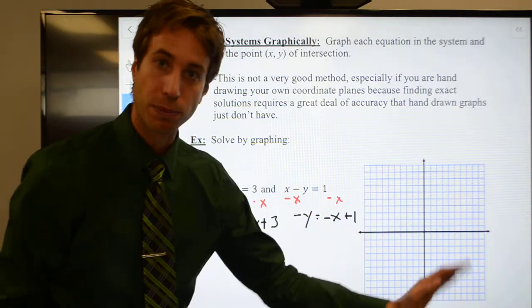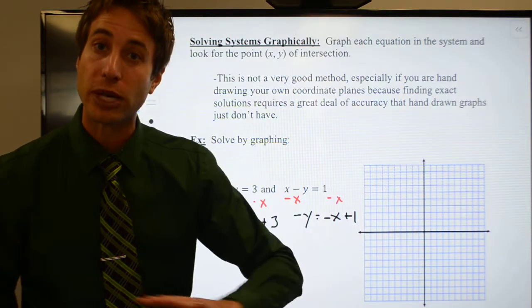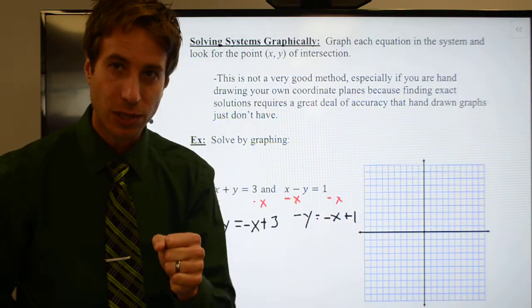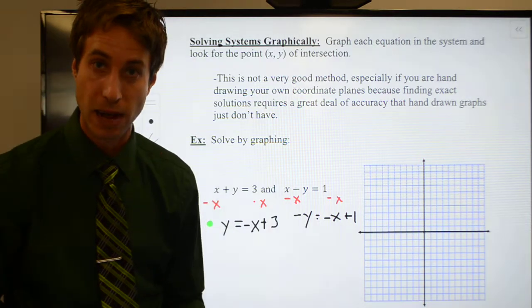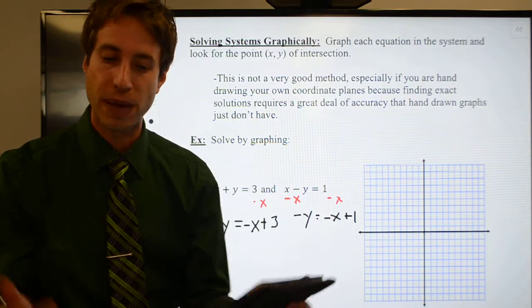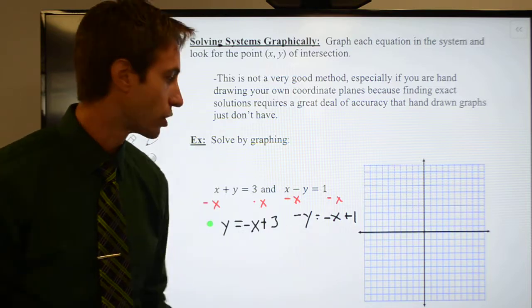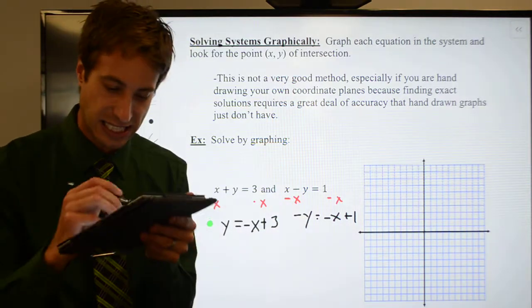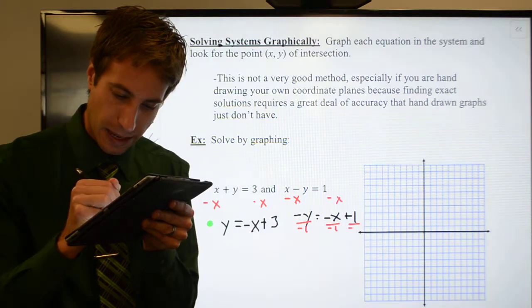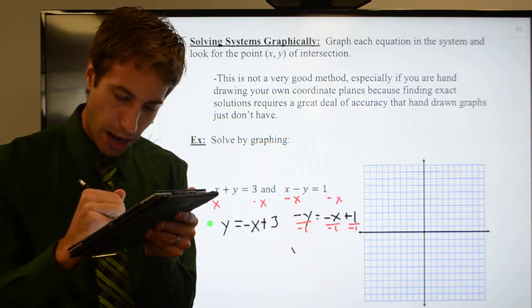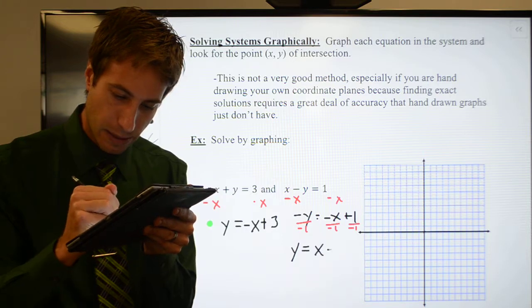You can either multiply everybody by negative 1, or you can divide everybody by negative 1. Doesn't matter which you pick. They both have the exact same result. It'll change everybody's sign. Divide by negative 1, divide by negative 1, divide by negative 1, and I wind up with y is equal to x minus 1.